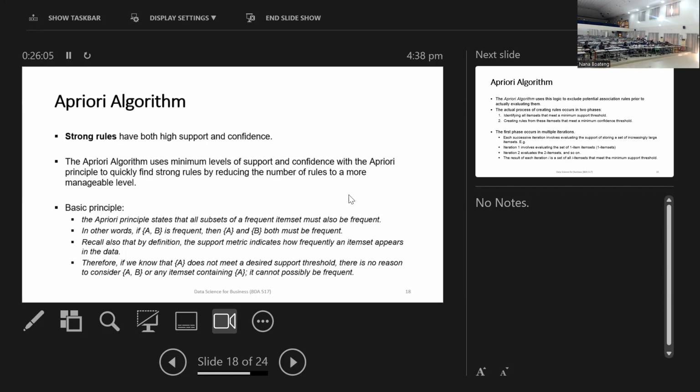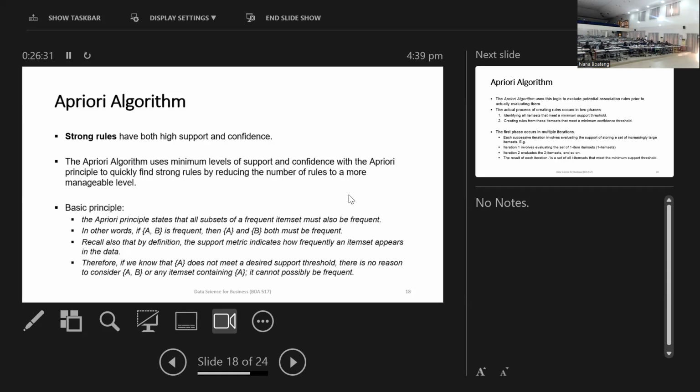So if we have A, B, C, D, and stuff like that, and we set the minimum threshold, and A does not meet the support threshold, for instance, it will not be A and B. Neither will it be A and C, because A is part of it.